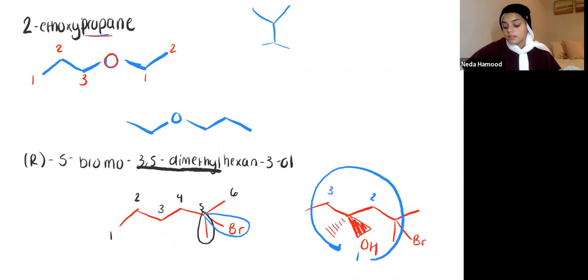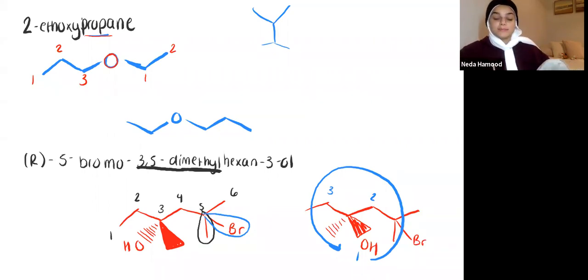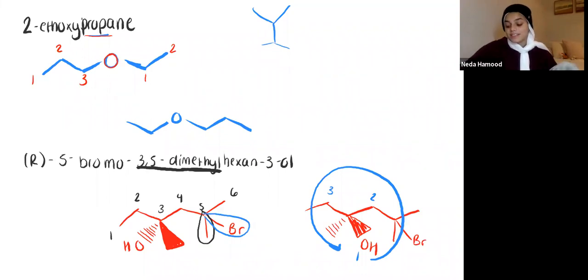And it makes everything a lot easier if you just put the OH on the dash and the methyl on the wedge, because after you have your S configuration, you're going to have to make it an R configuration. That's how you hack the system. So it would still look like this, 1, 2, and 3. And then we would have S, but because OH is on a dash, we make it R.